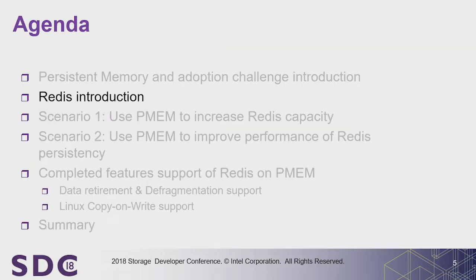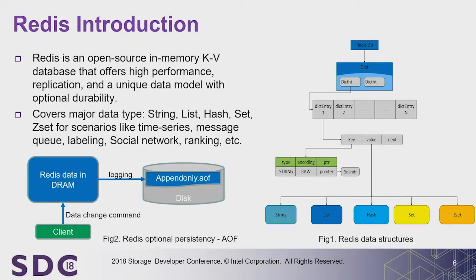All right, so coming to Redis itself, I suppose everyone here understands Redis, or actually works on Redis, right? I hope so. But this is the Redis introduction. It is a very popular open source in-memory database.